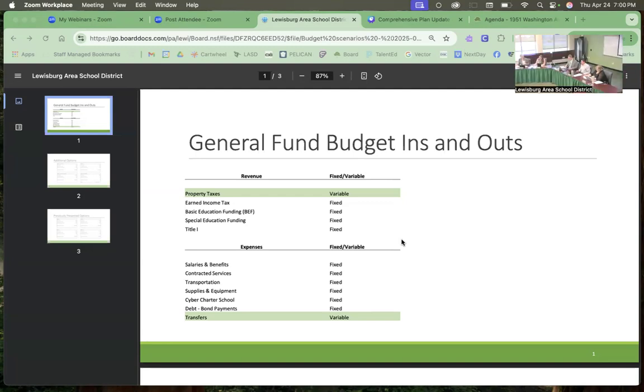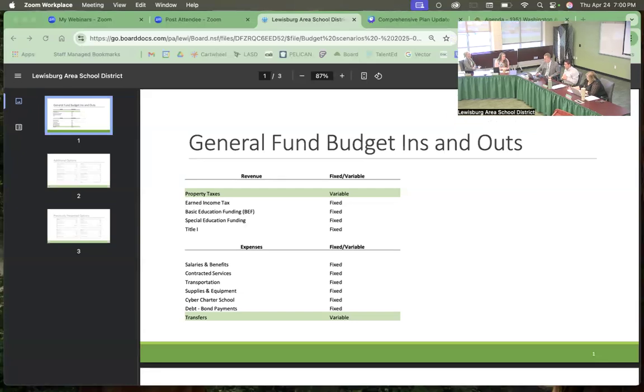Looking at the top, coming in are revenues: main revenues are property taxes, earned income tax, basic ed funding, special ed funding, Title I. Most of our revenue is fixed in that we don't have a way to adjust it, except for our property taxes, obviously, which we can change, so are variable. So we have the option to adjust those property taxes to balance our budget if we need more revenue coming in. On the flip side, with expenses going out, it's a little bit different.